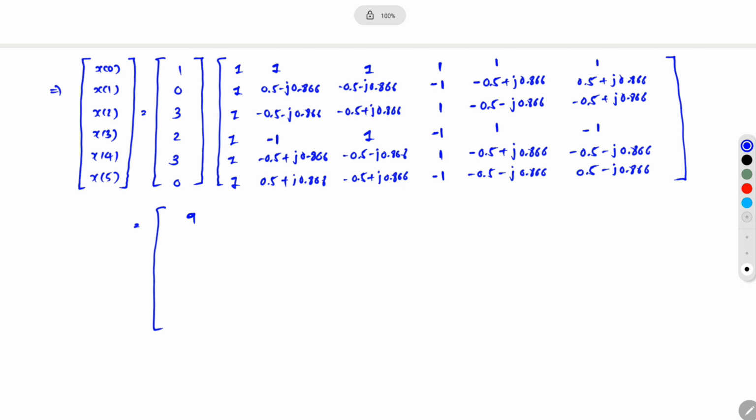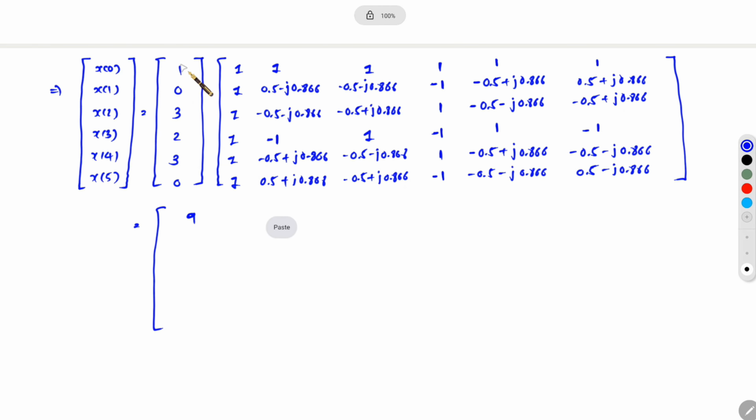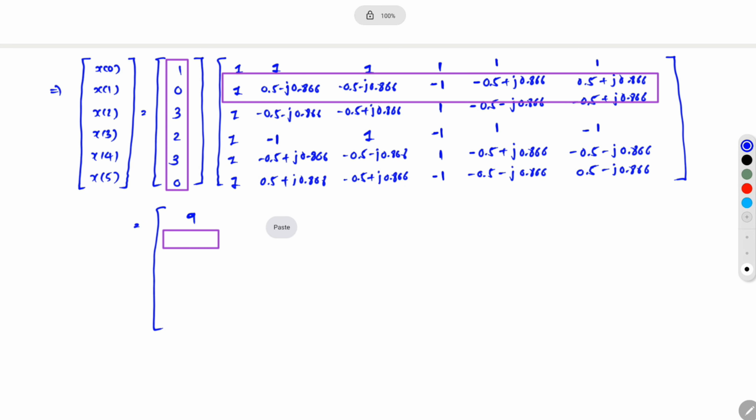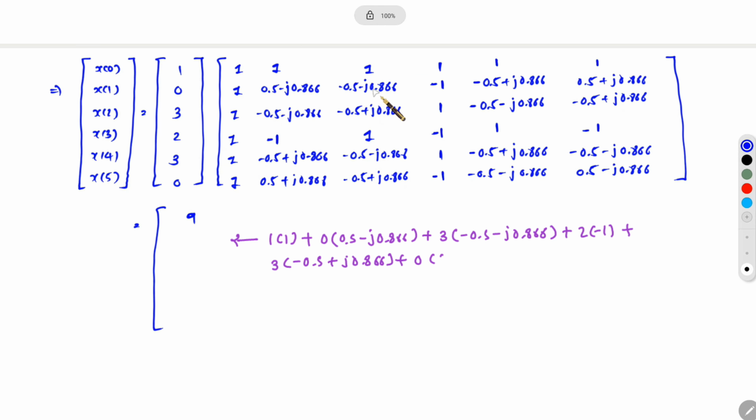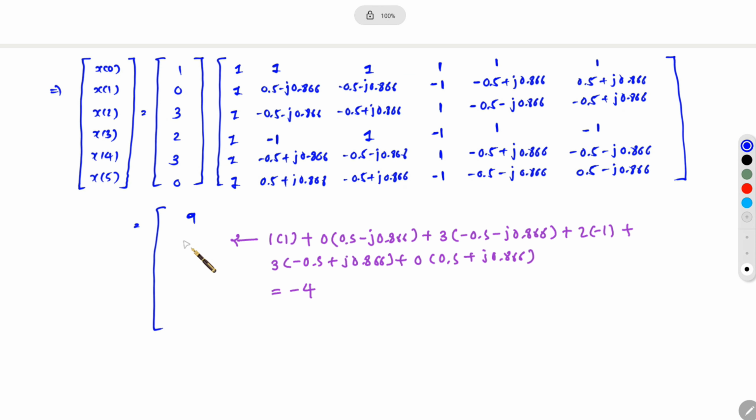Now this second element will be the multiplication of this column into the second row. So that will be 1 into 1 plus 0 into this plus 3 into this plus 2 into minus 1 plus 3 into this plus 0 into this. If you solve this, you will get minus 4.